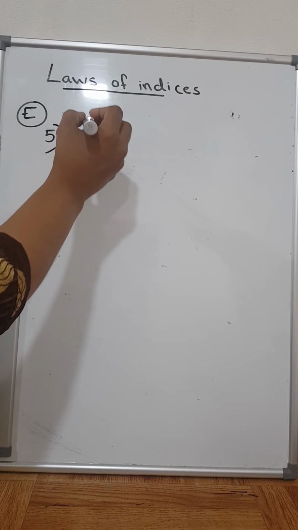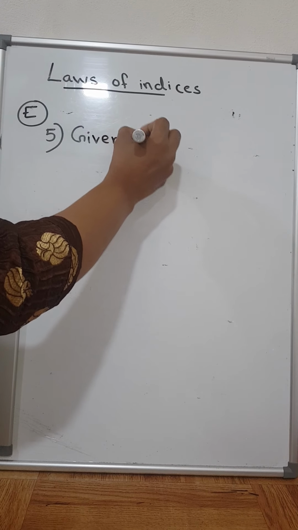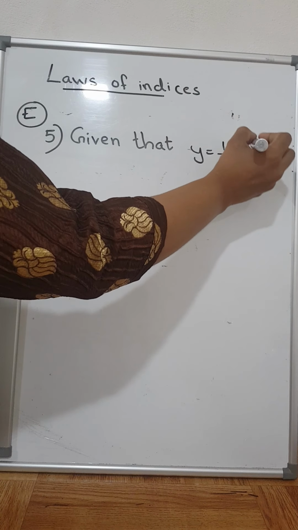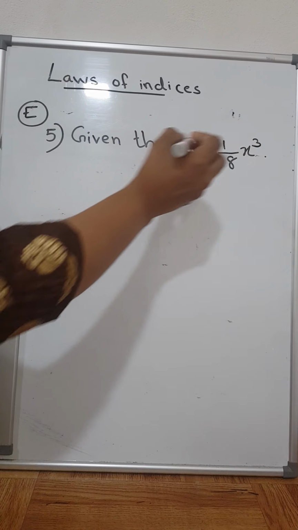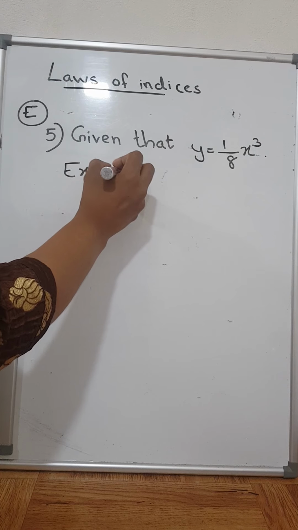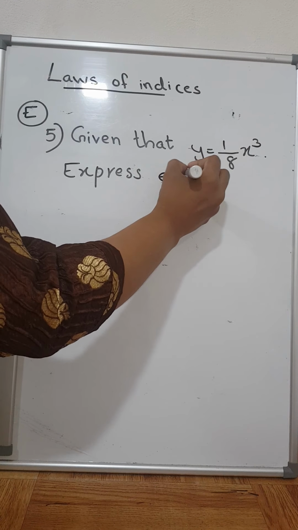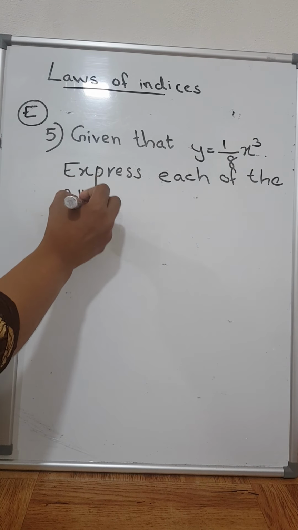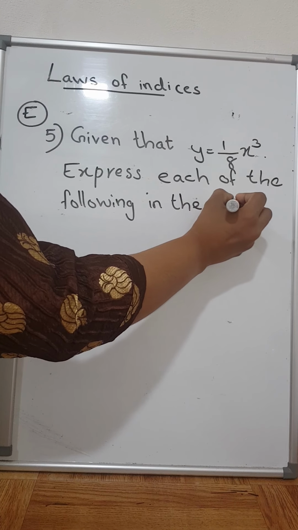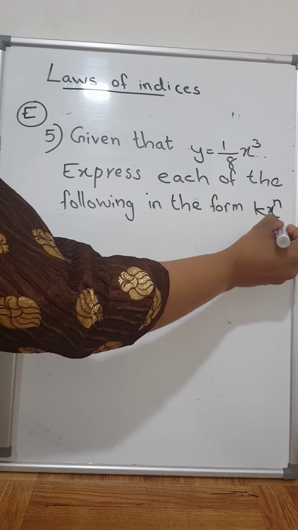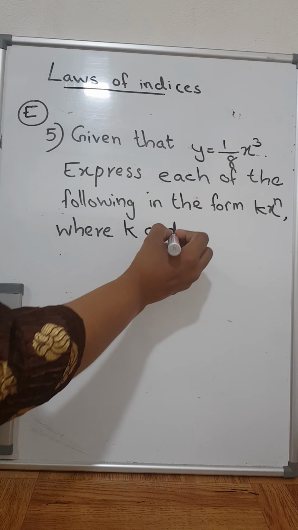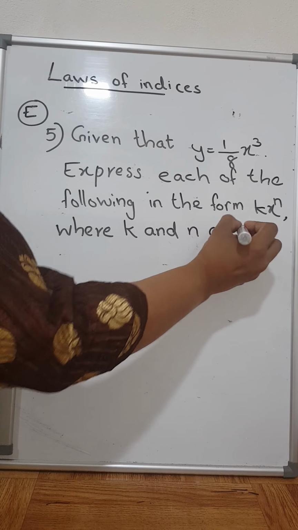Question 5. Given that y is equal to 1 by 8x cubed, express each of the following in the form kx to the power n, where k and n are constants.